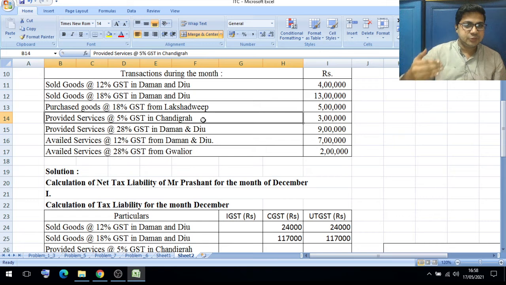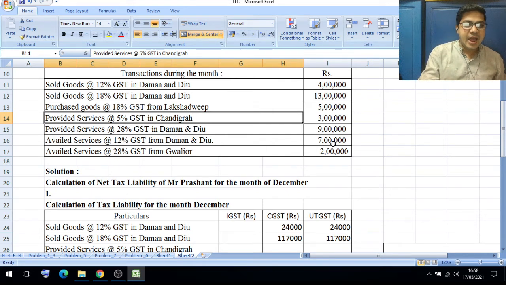The transaction is between the Daman and Diu Union Territory and Chandigarh state, Chandigarh city. The Chandigarh city belongs to Punjab. It means the transaction is between the Daman and Diu Union Territory and Punjab state. For this particular transaction, we have to apply only IGST.